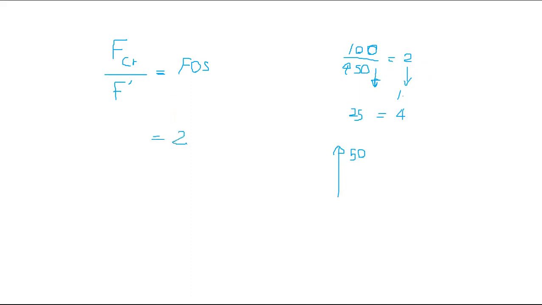And this is 2, this is your load, and this is your critical buckling load, which is pi squared EI over LE squared, right? You can isolate the F term.